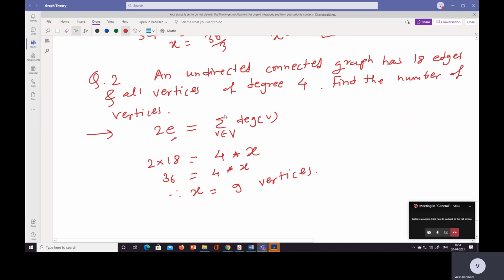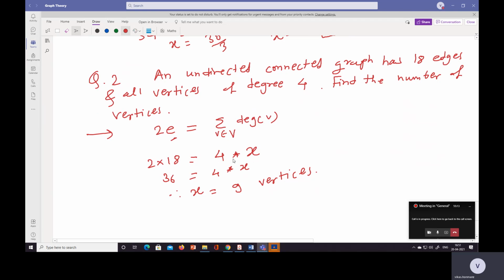Here it is a summation, like 4 plus 4 plus 4, so we can add all the terms up to x and multiply that by 4.